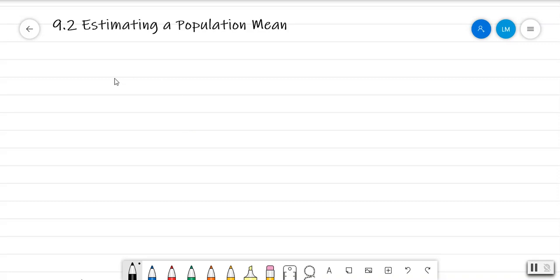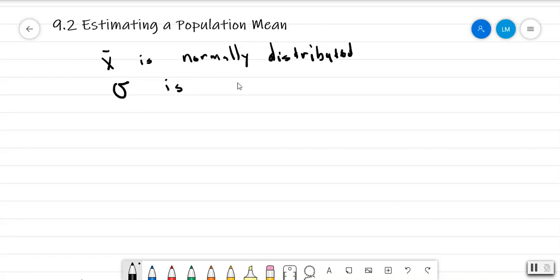You have that x bar is normally distributed, and you also have that sigma, the standard deviation for the population, is known.